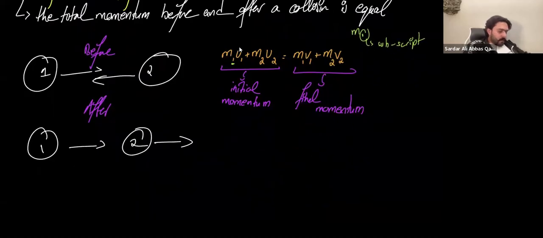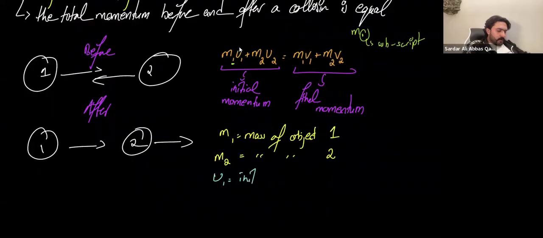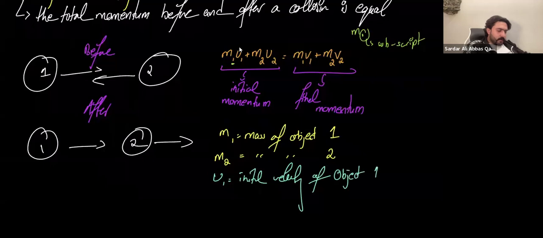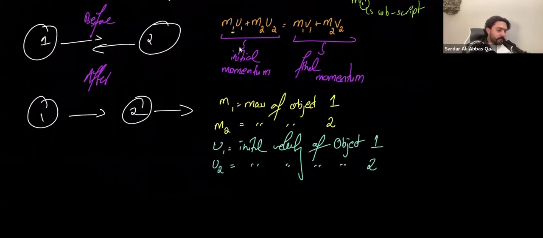now we can write: M1 is the mass of object 1 and M2 is the mass of object number 2. U1 is the initial velocity of object 1 and U2 is the initial velocity of object number 2.